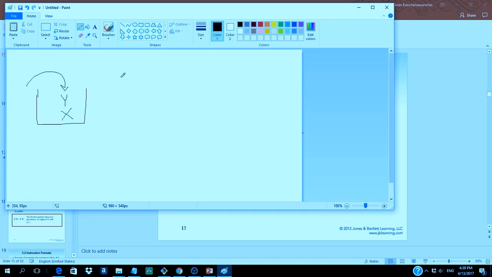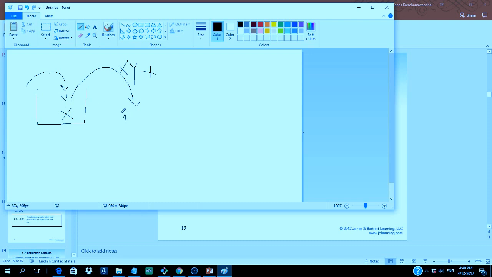Then I run into the operation plus. When I see an operation, I have to pop. Whenever you see an operation, you pop both of them, and then you sum. Now you get the sum.